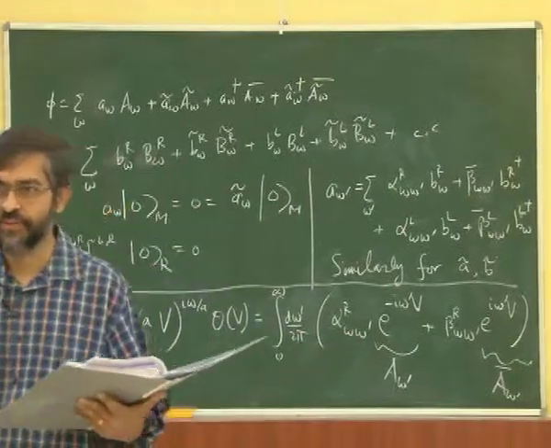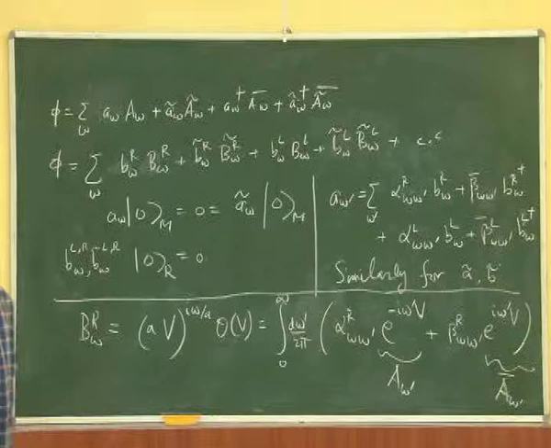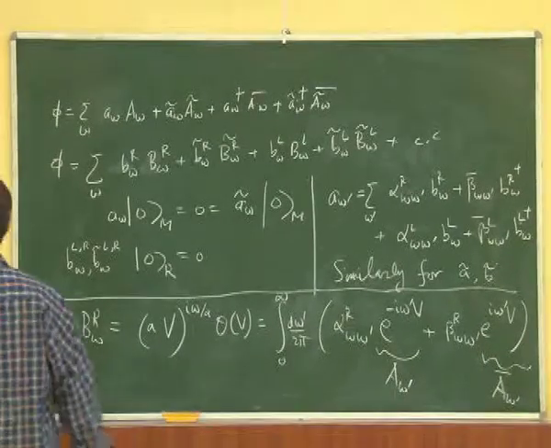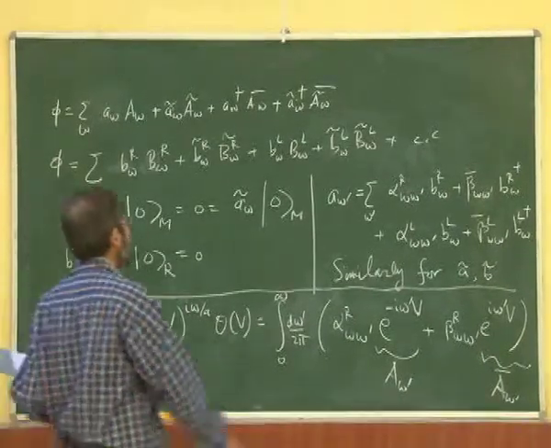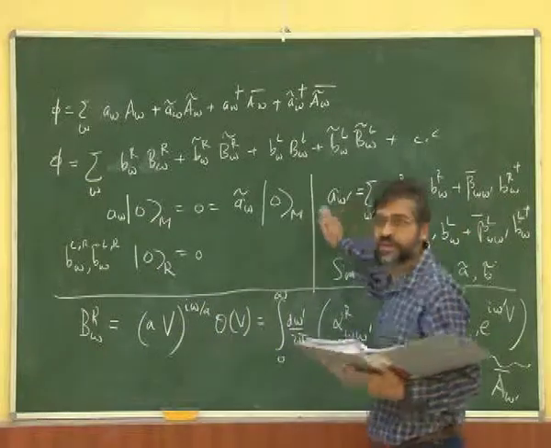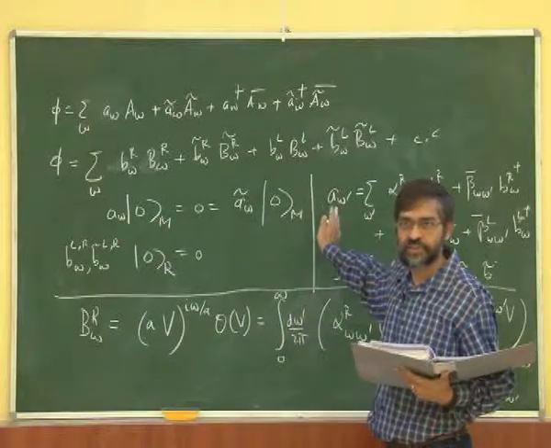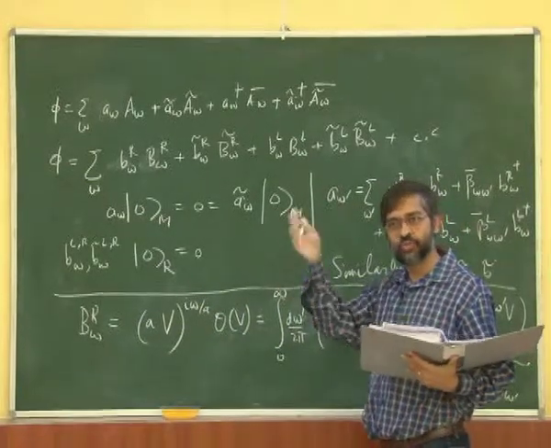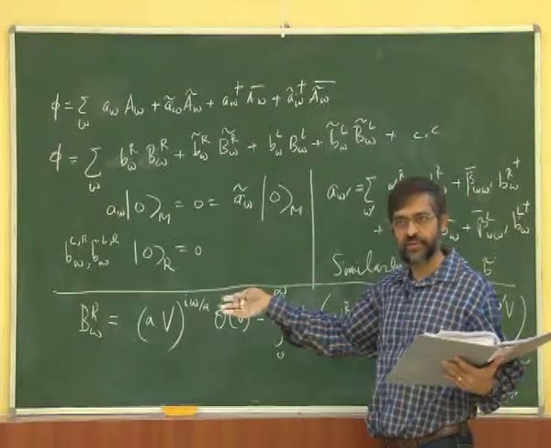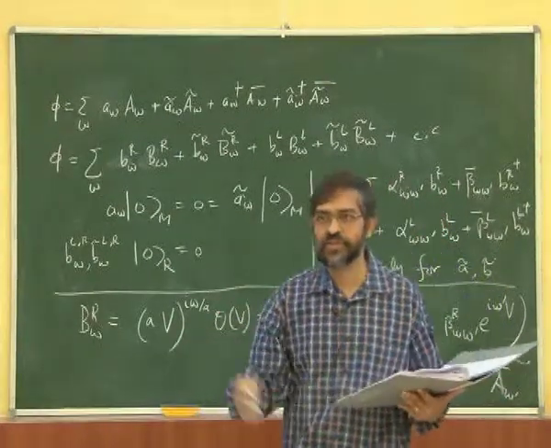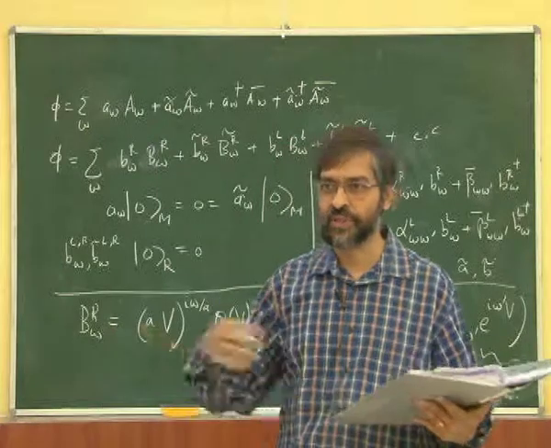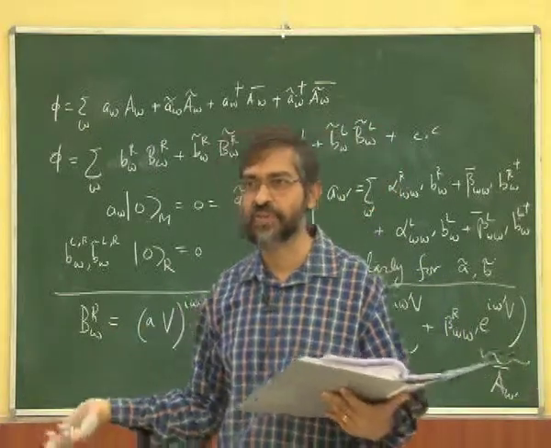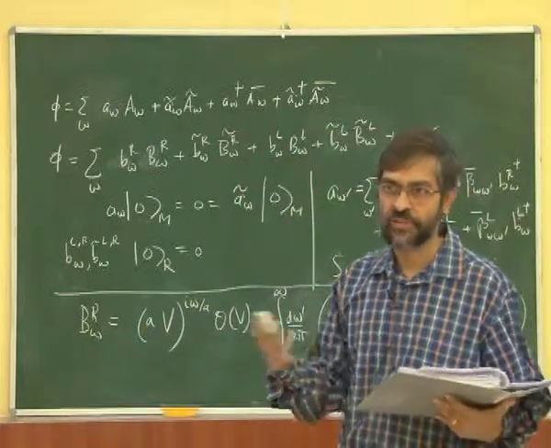So these A's can be split into two sets of A's, so that it becomes like a square. Right now, the relation between A's and B's looks like a rectangular matrix. I have to split the A's into two different sets so that it looks like a square matrix, and then going back and forth between the Minkowski modes and the Rindler modes becomes easier.